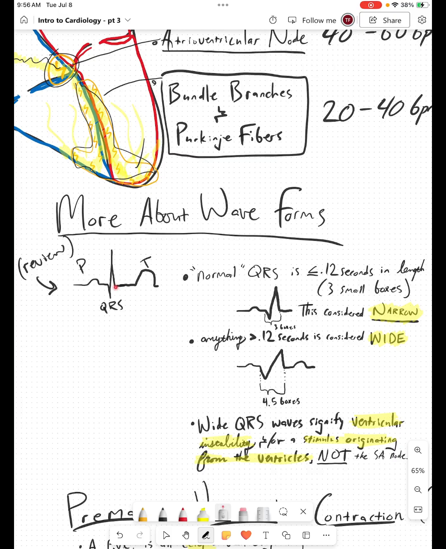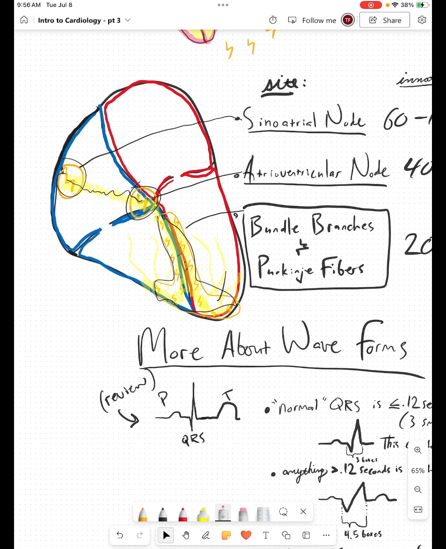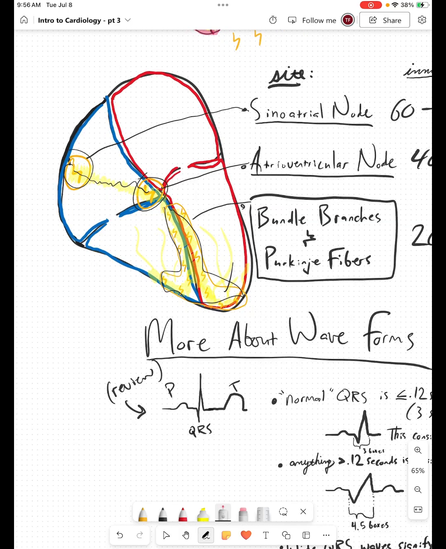What that means is that the stimulus originated up here, and it's going to come down, and the ventricles are going to become depolarized.